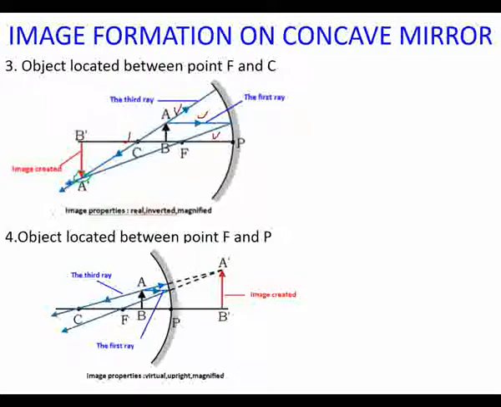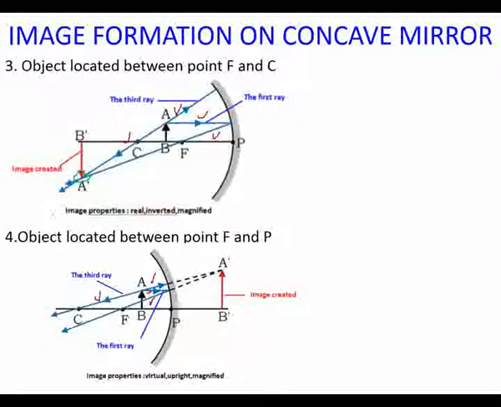The fourth position, object AB is located between point F and point P. From the object, the first ray comes parallel to the principal axis and then is reflected through point F. And the third ray that comes from point C will be reflected through point C too.